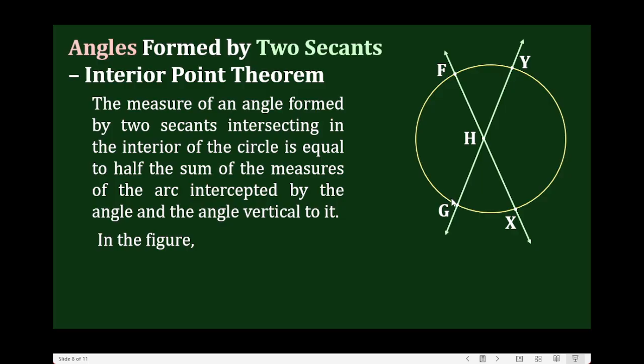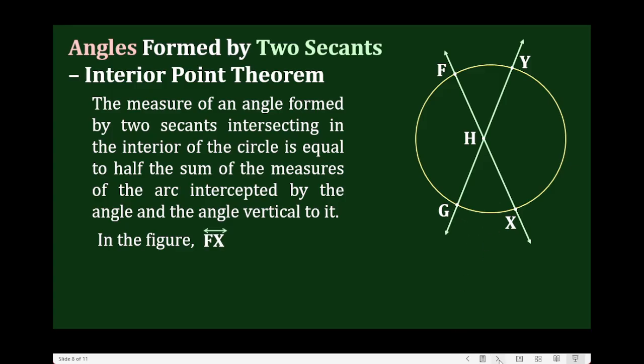These 2 intersecting secants form a pair of non-adjacent angles that are called vertical angles. And these vertical angles intercept 2 arcs.